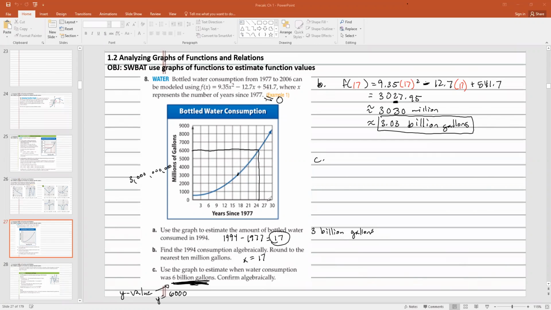It's in between 24 and 27. So I would say that's about 25. So X equals 25 years. Or 1977 plus 25 gives us 2002.